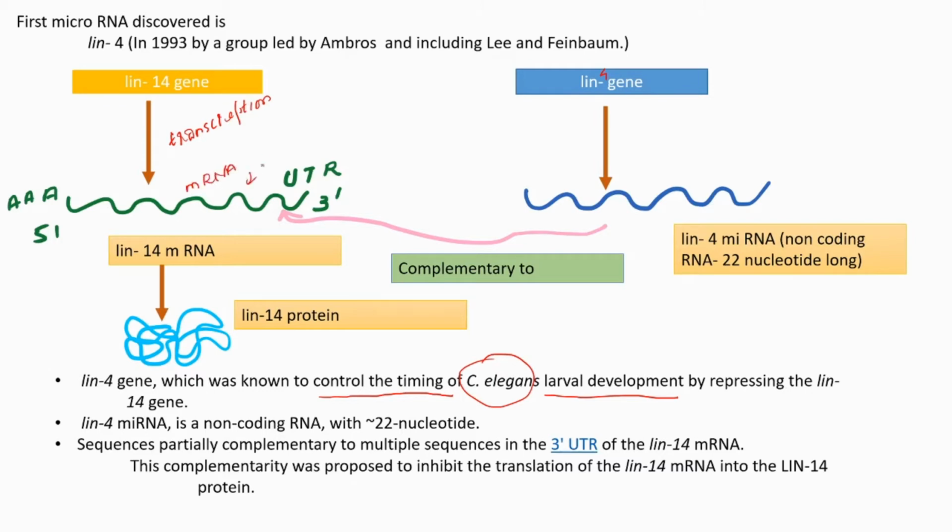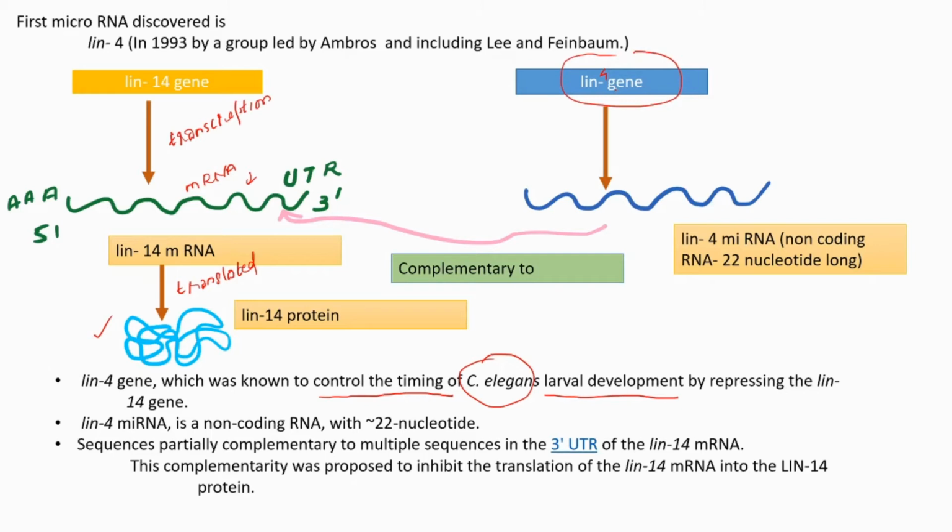It is called a Lin14 mRNA. And this Lin14 mRNA is then translated to give a Lin14 protein. It is causing the further development. Okay. Then what is the significance of this Lin4 gene?